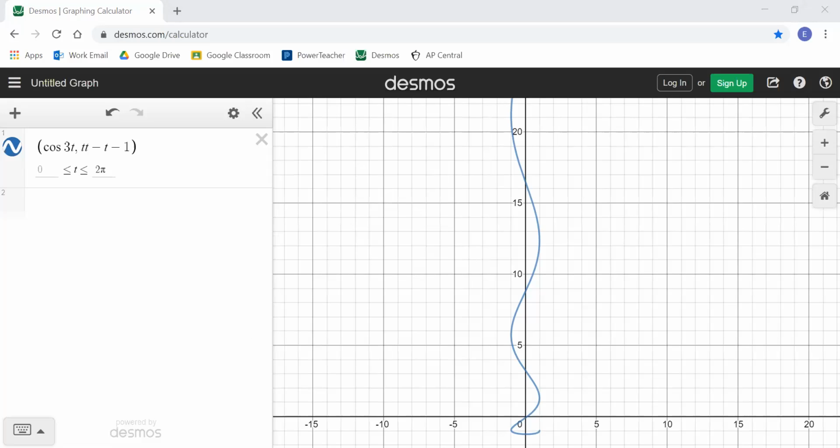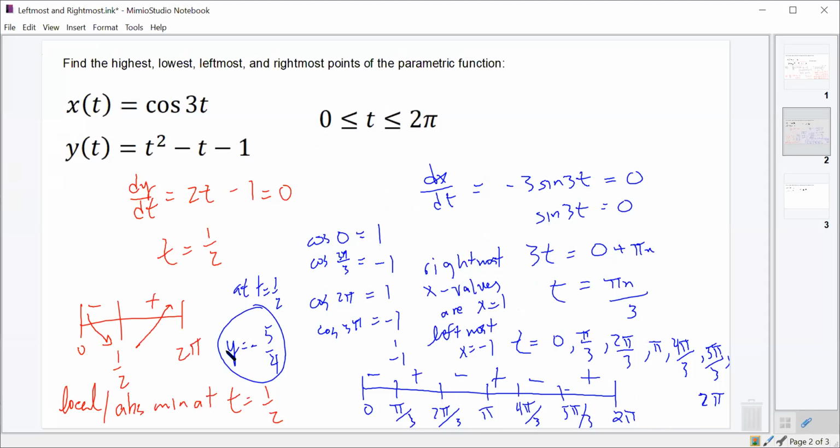So we need to find our absolute maximum here. And since we know that our y values are getting larger as it gets towards 0 and getting larger as it gets towards 2 pi, we can plug in t equals 0.